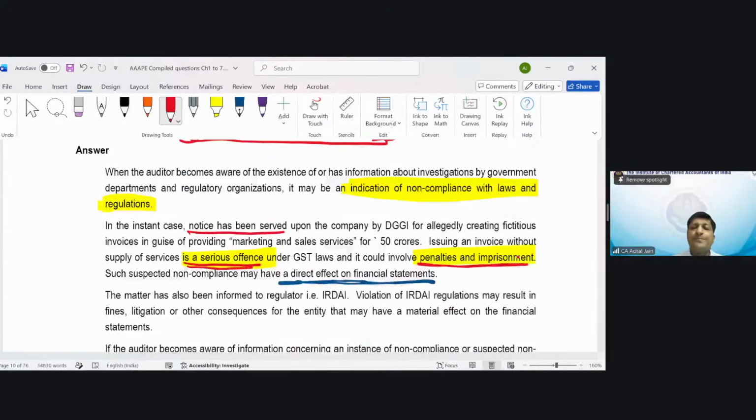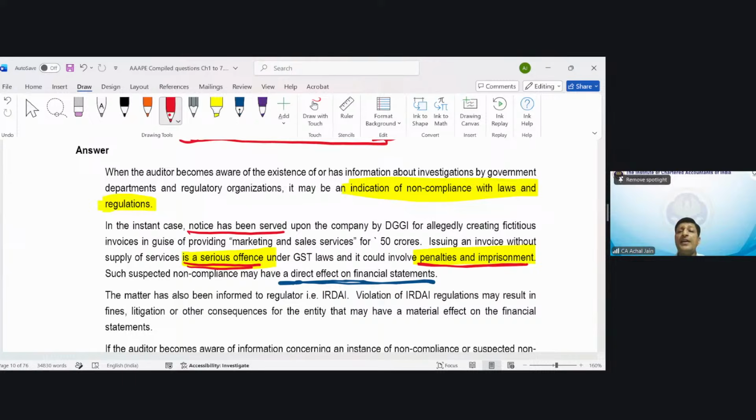Such suspected non-compliance may have a direct effect on the financial statements. The matter has also been informed to the regulator, that is AAI.